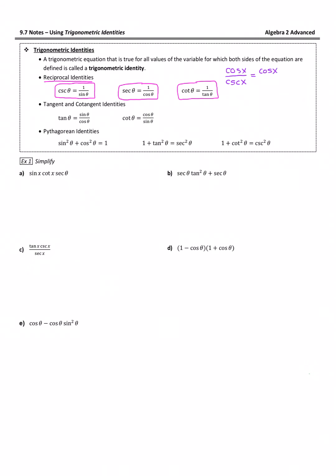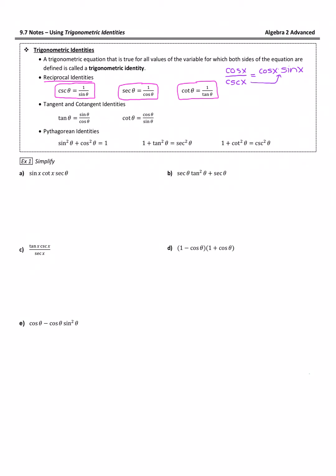Cosecant, I'm not going to replace it with 1 over sine, because then you end up with a fraction over a fraction. The idea of a reciprocal is, if it's on top, the reciprocal function goes to the bottom. If it's on the bottom, the reciprocal function goes on top. So cosecant is going to become sine on top. So you don't have to then do the invert and multiply to simplify.